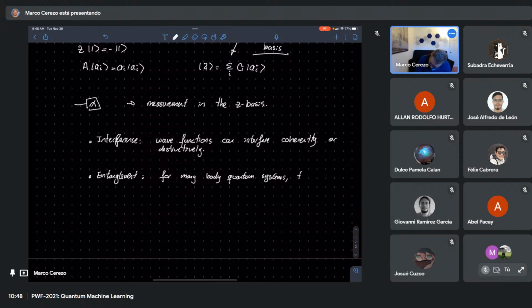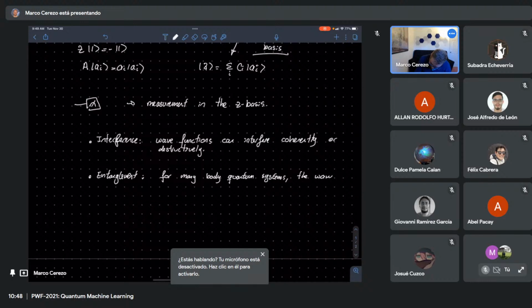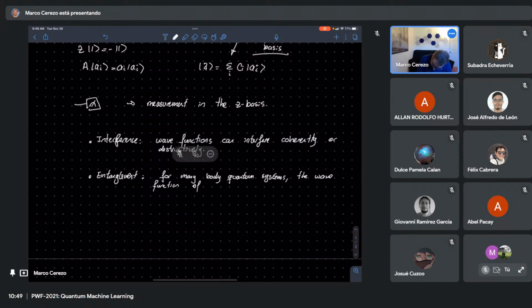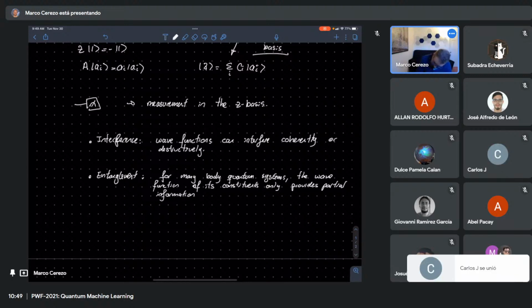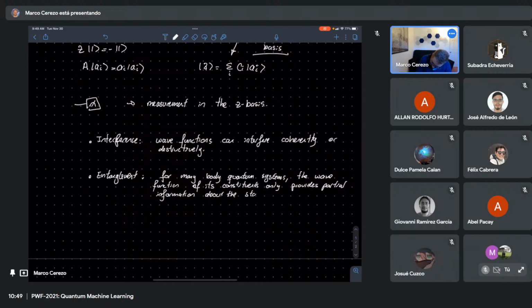Let me just say the wave function of its constituents only provides partial information about the state of the whole system.